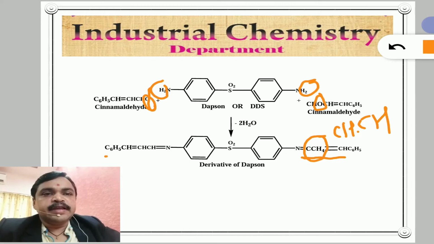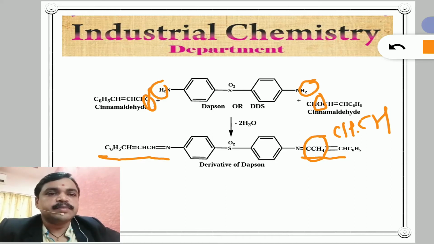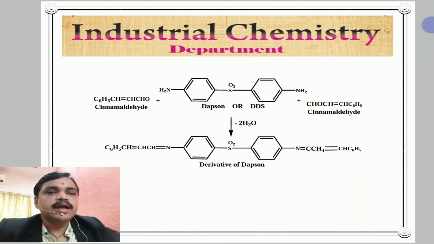So here is C6H5 CH double bond CH bond CH bond double bond N. So here is also that type of structure, N double bond CH bond CH double bond CH bond C6H5.